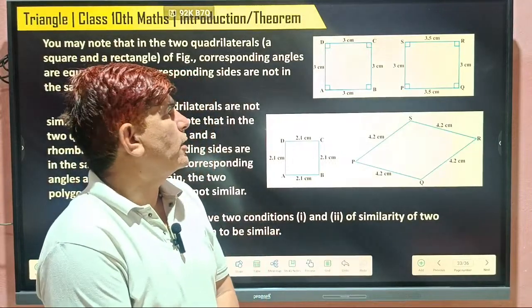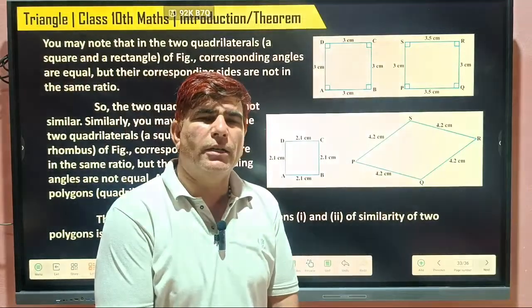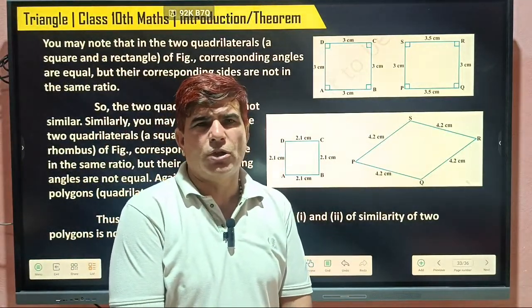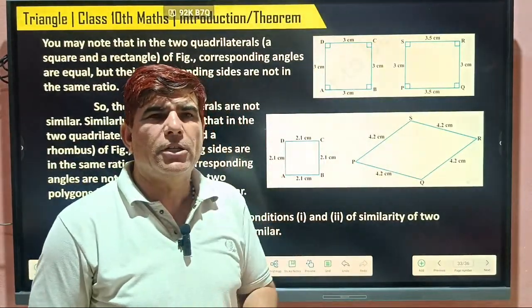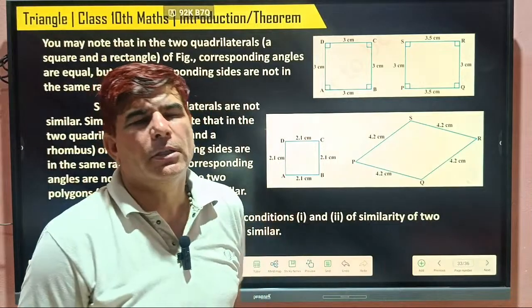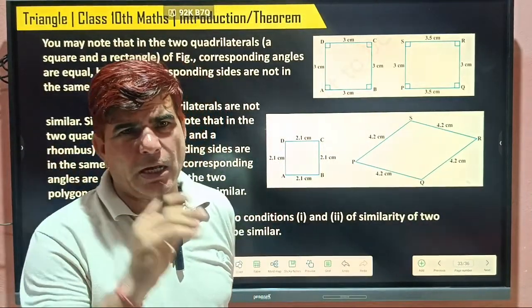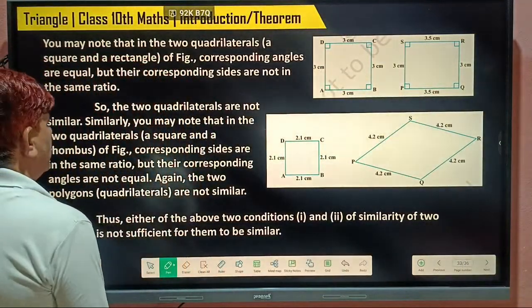Why? Because a square has all sides equal, while a rectangle has different length and breadth. Opposite sides are equal, but all sides are not equal. A rectangle becomes a square when all its sides become equal. That's why we say all squares are rectangles, but all rectangles are not squares. So the two quadrilaterals are not similar.